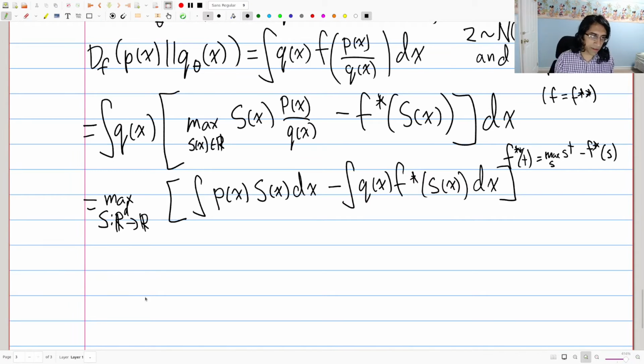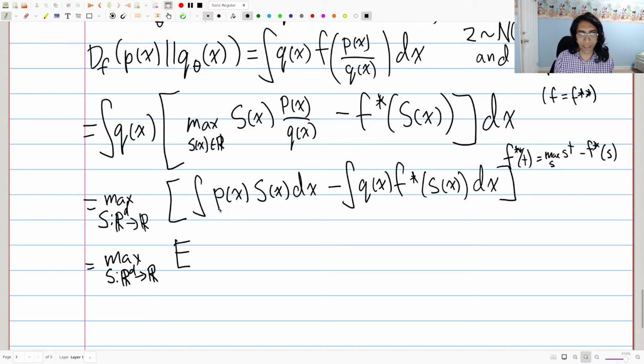And as one final simplification, let me write it in a more concise way. So max over s, which maps from R^d to R, of the following.